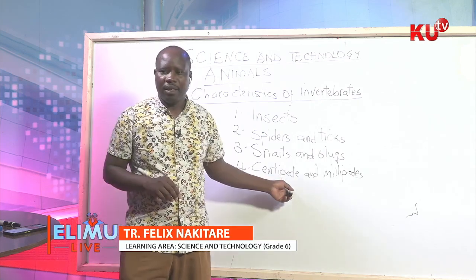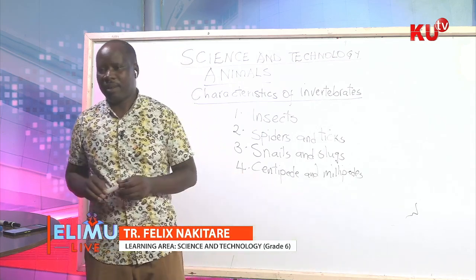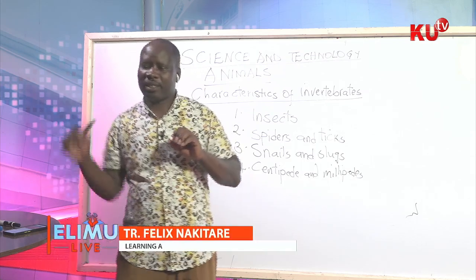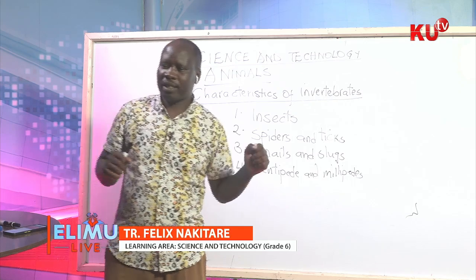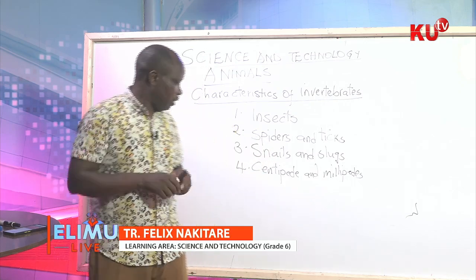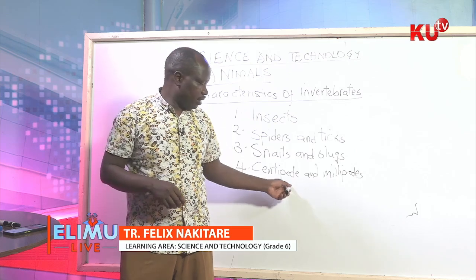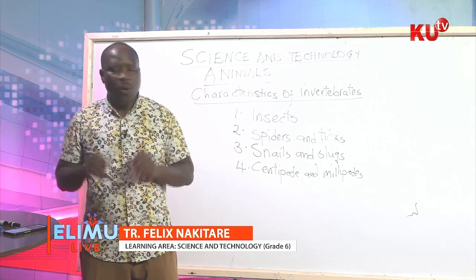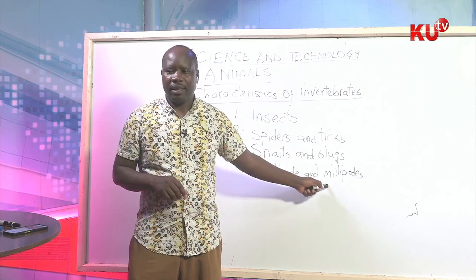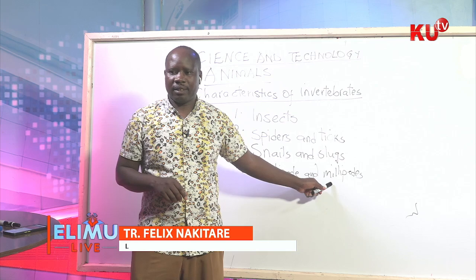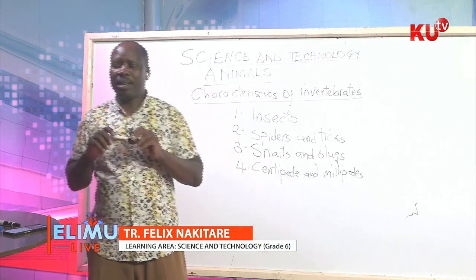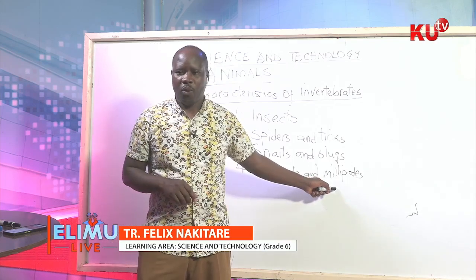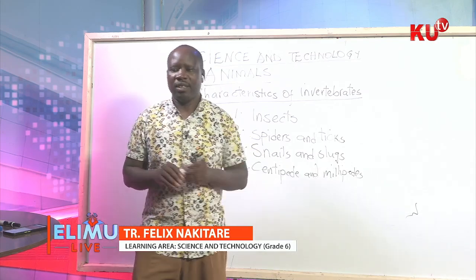Under centipede, we have a pair of legs per segment. And a pair of legs means on this one side we have one leg per segment, on this other side we have one leg. So for the centipede, each segment carries a pair of legs. While in millipedes, each segment carries two pairs of legs, meaning that one segment of a millipede has four legs.